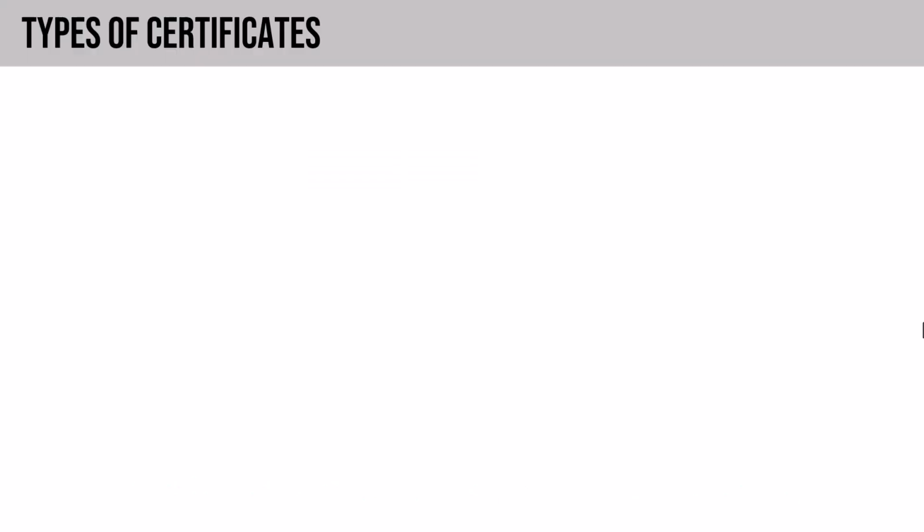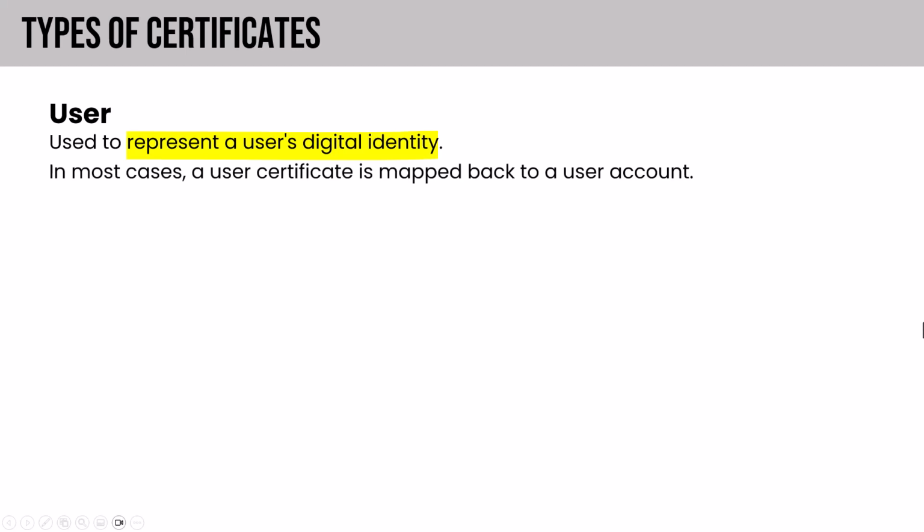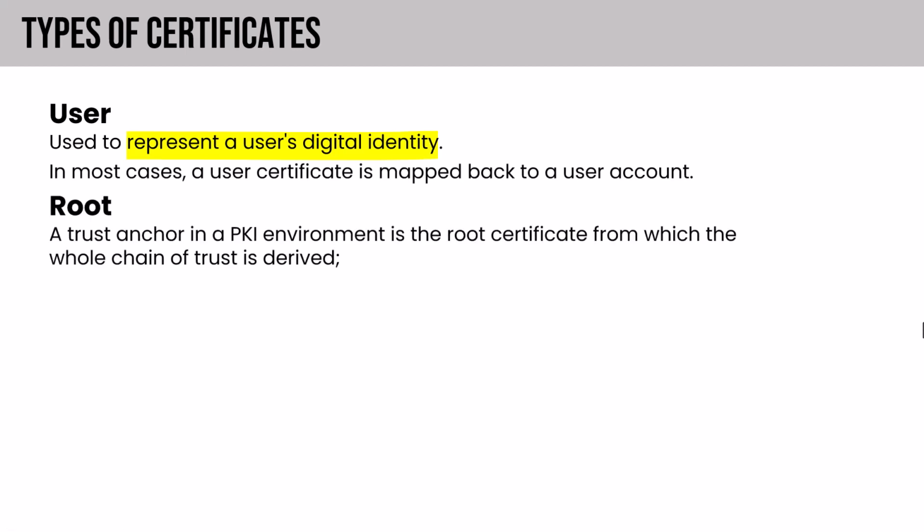There are a few certificate types you should know for the exam as well. So we have a user certificate, which is used to represent a user's digital identity. In most cases, a user certificate is mapped back to a user account. We have a root certificate, which is a trust anchor in a PKI environment. It's the root certificate from which the whole chain of trust is derived. That's the root CA.